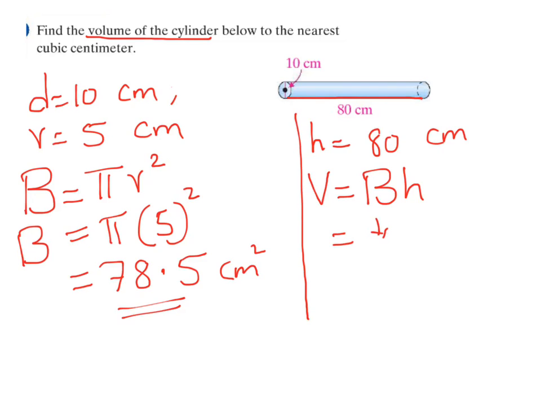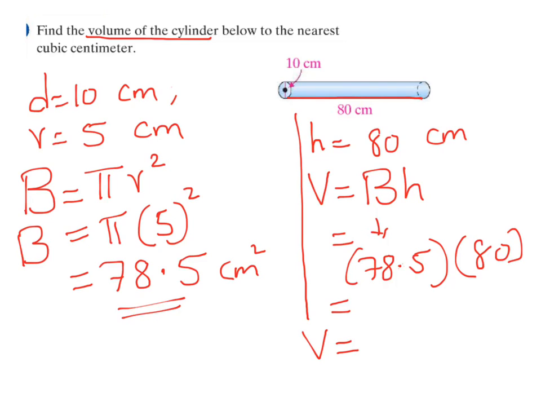So B is going to be 78.5 times the height, which is 80. Multiply them, and the volume is going to be equal to 6,280 centimeter cube.